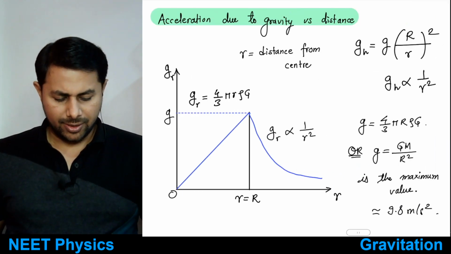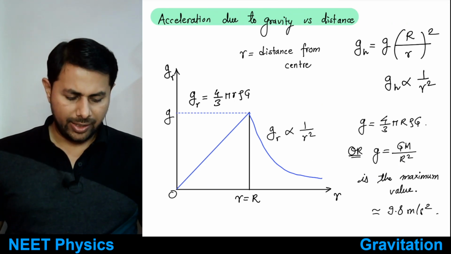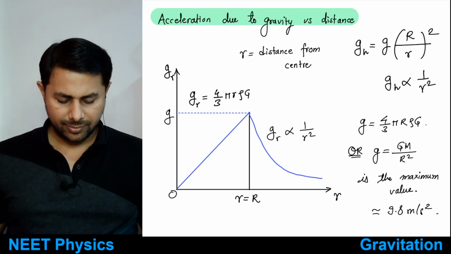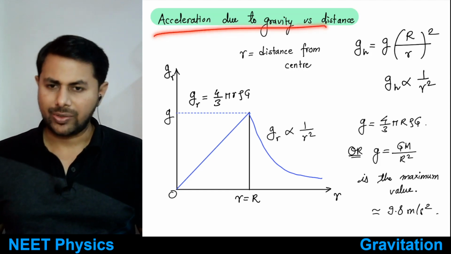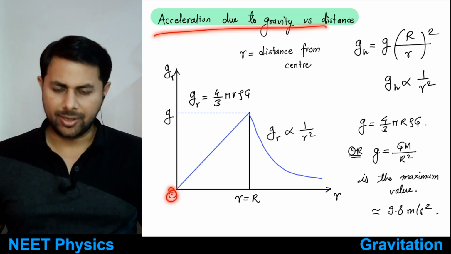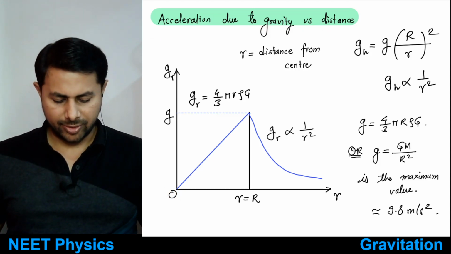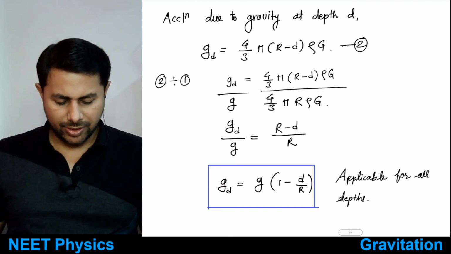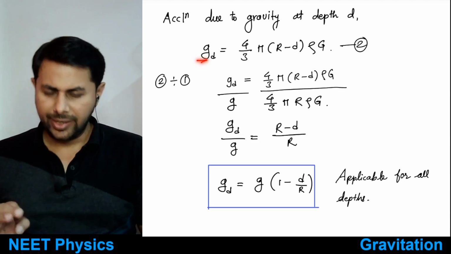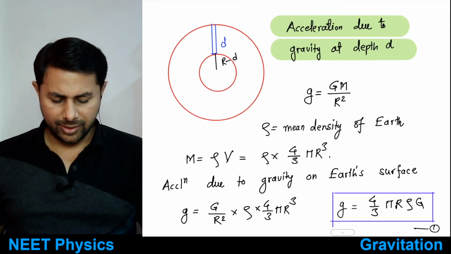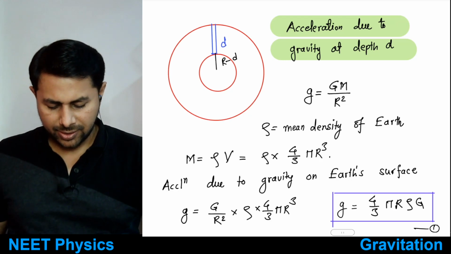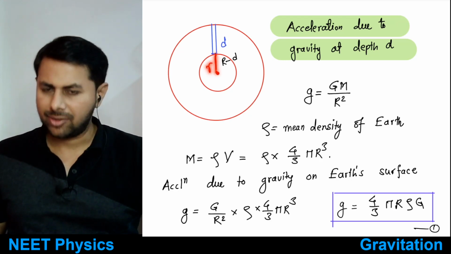Now if we want to plot this acceleration due to gravity versus distance from the center of earth, how will the plot look? What will be the formula? Here you can see g at depth d can also be written as g at distance r from the center of earth.